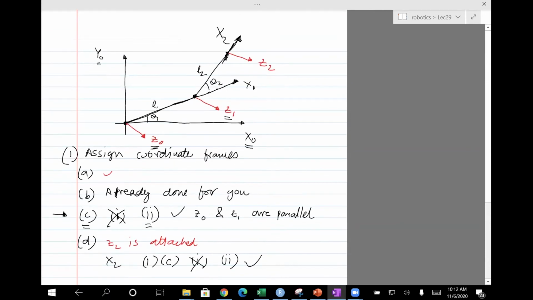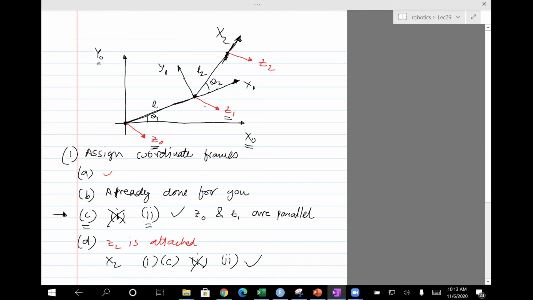Now, something else which I did not do, and you can do it if you want, is to attach frames y0, y1, and y2. So y0 is already attached. Y1 we will essentially use the right hand rule to determine. So x1 is this way, y1 has to be in the direction I've shown, such that x cross y is z1.